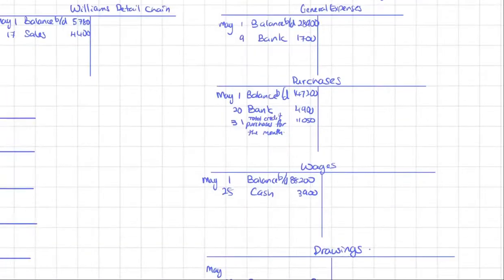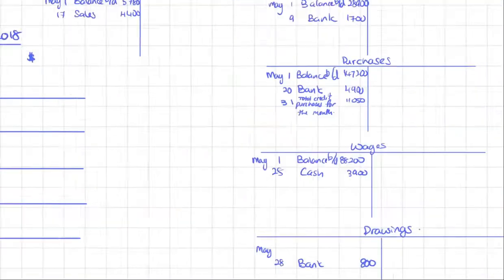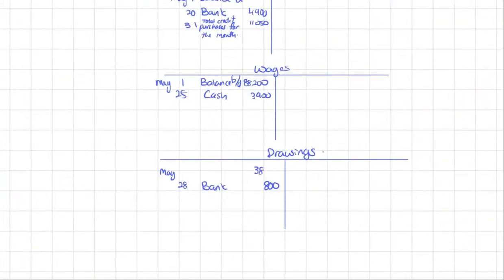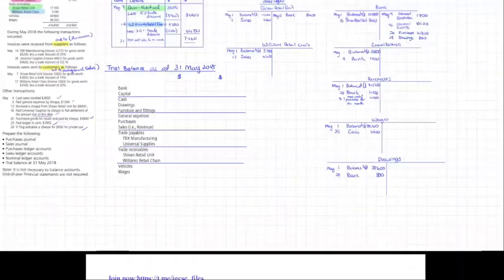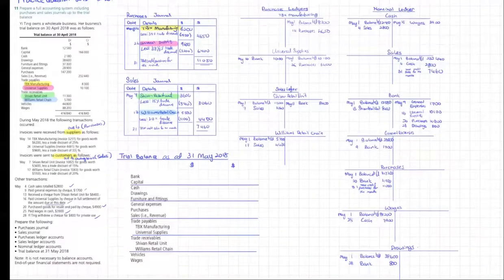So the rest that did not have any transactions, we need to bring down drawings as well. We don't need to open the account. 38,600. Okay. Now the rest we need to calculate and then we need to put into our trial balance. When we put into our trial balance, we should get the correct amount. It should be balanced if we were to do all our double entries properly. So double check should be okay.